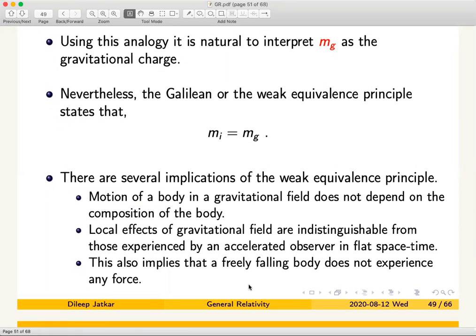The first thing is that the motion of a body in the gravitational field does not depend on the composition of the body. This was Galileo's statement, and of course, a lot of experiments were done later. Although Galileo himself did not do any experiment with respect to the leaning tower of Pisa at all, people seem to state that to be the check that he did with his proposal.